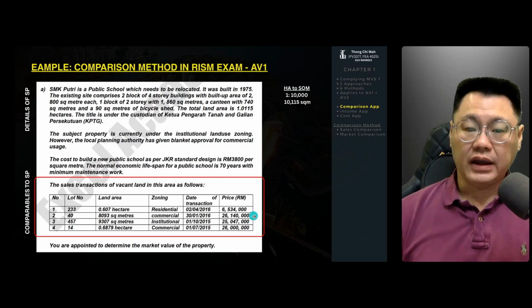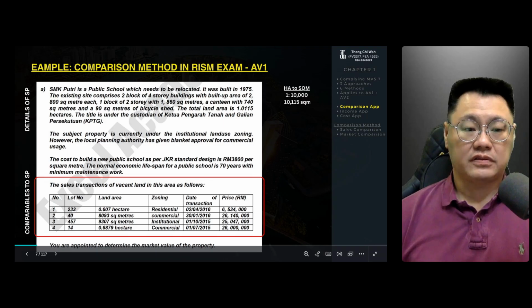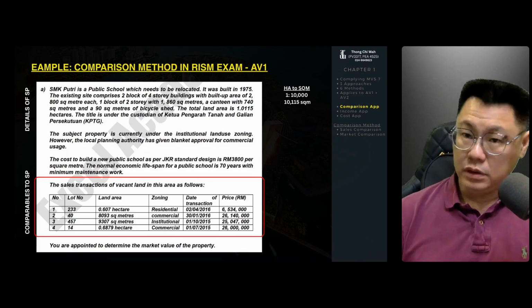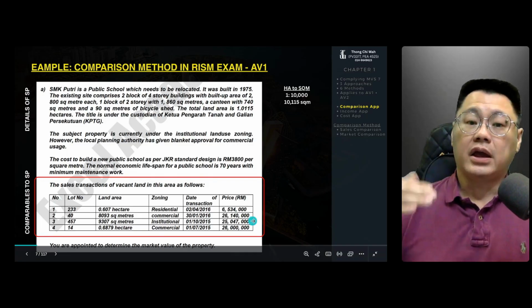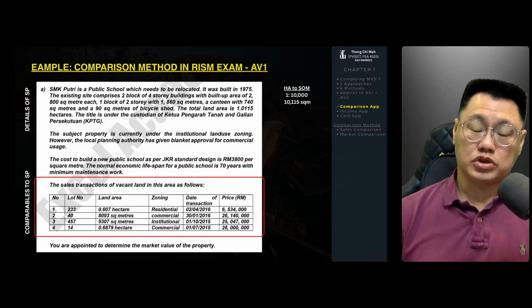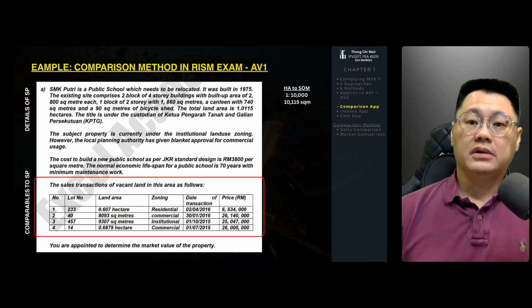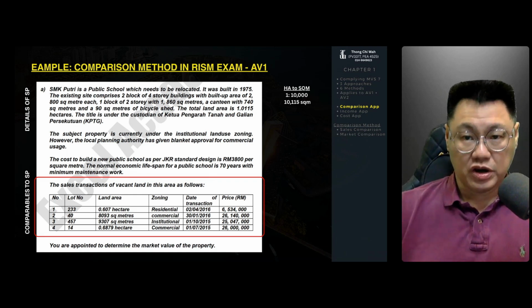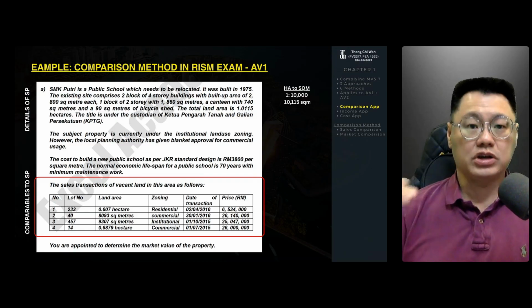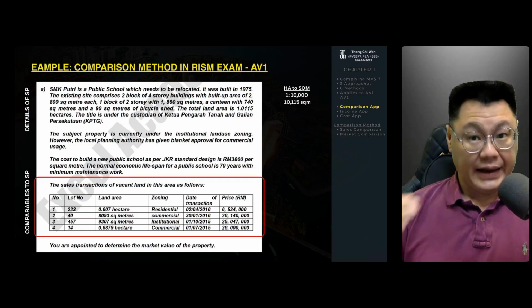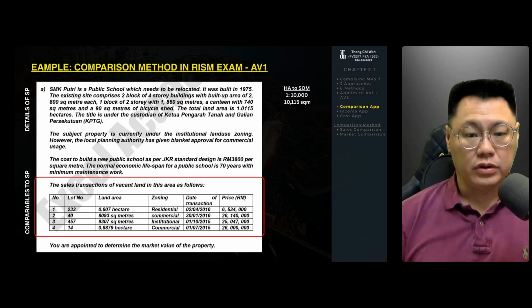The second comparable here is Lot 40. It's commercial. Good. It's done. Then the third one is institutional. Remember, it was zoned as institutional. Now it's commercial. So the question has a trick here: if your understanding is strong that it's commercial, choose commercial, identical, then you are good to go.